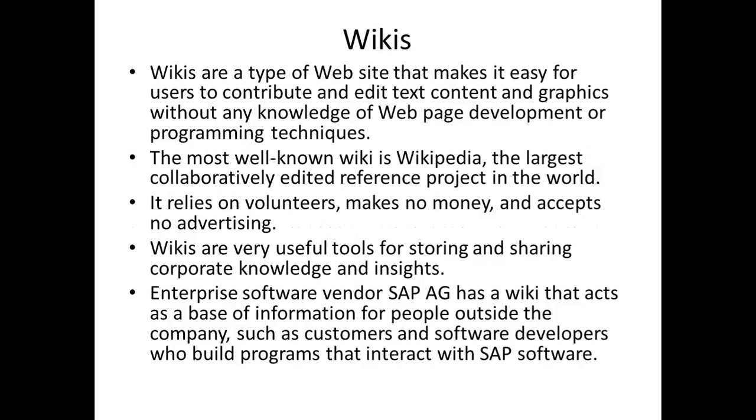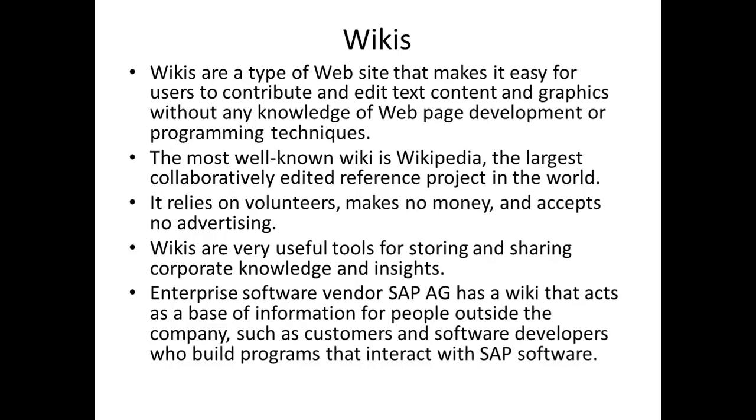Here, wikis are a type of website that make it easy for users to contribute and edit text, content and graphics without any knowledge of web page development or programming techniques. To edit the text or the graphics, there is no need to know about programming or web development. So anybody can edit or contribute to Wikipedia. The most well-known wiki is Wikipedia, the largest collaboratively edited reference project in the world.